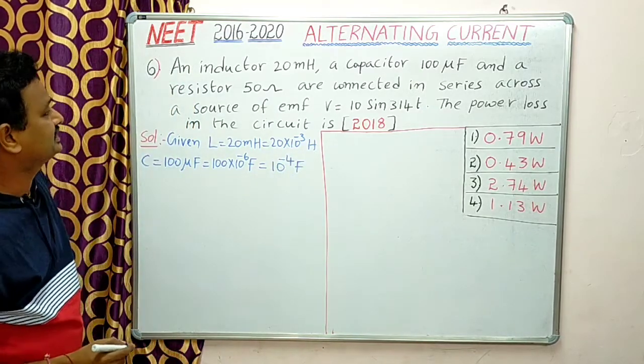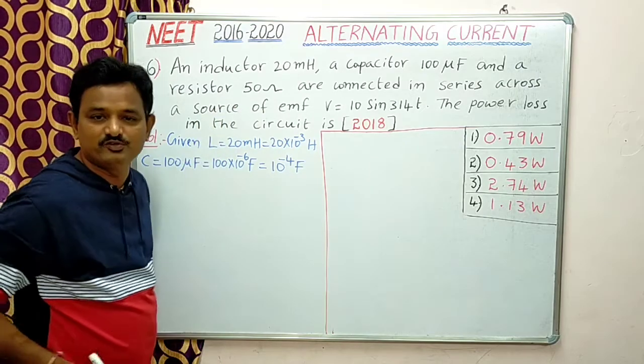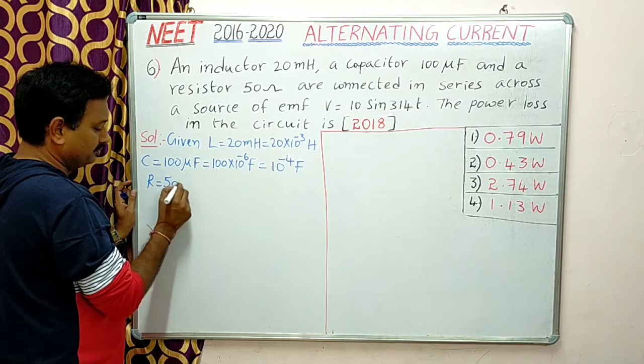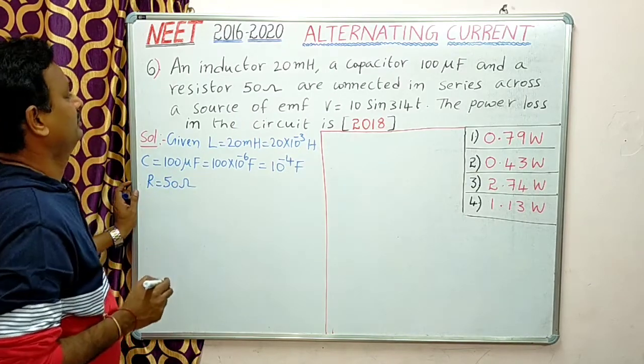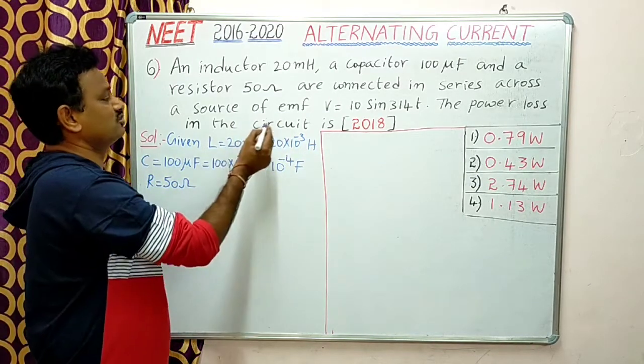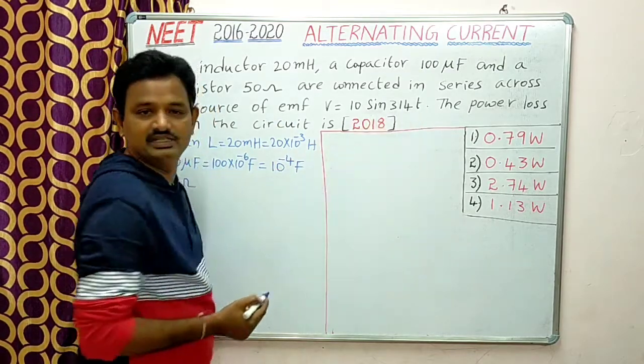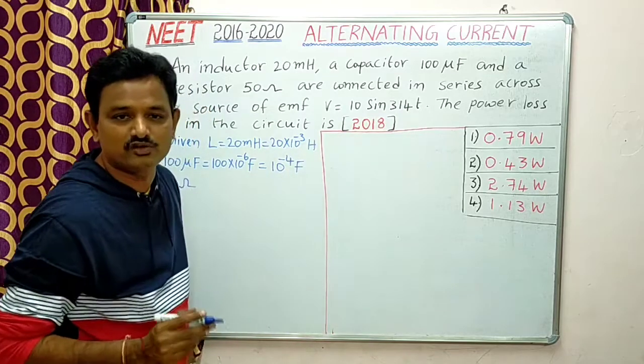Okay. Next, resistor 50 ohm. R is equal to 50 ohm. Okay. Are connected in series across a source of EMF V equal to 10 sin 314t. Here 10 means the peak value of EMF.